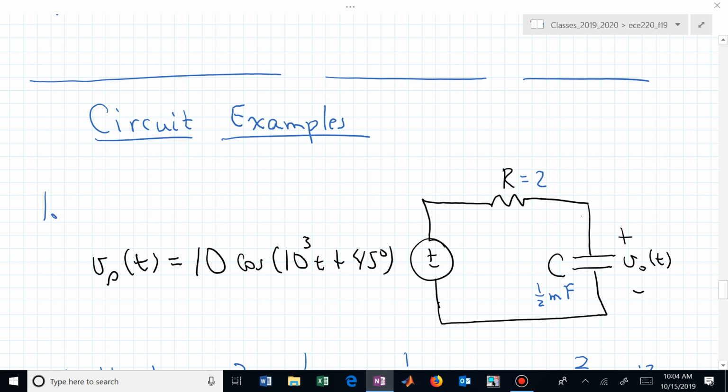And a low-pass filter just means that it favors low frequencies, it passes low frequencies, and it tries to attenuate or remove high frequencies. It's trying to preserve low-frequency sinusoids.